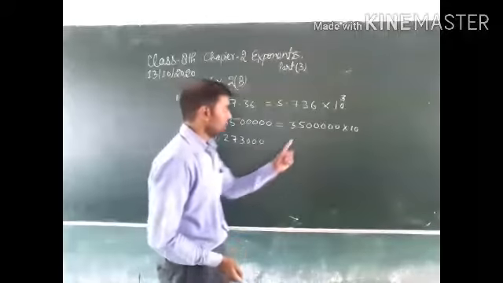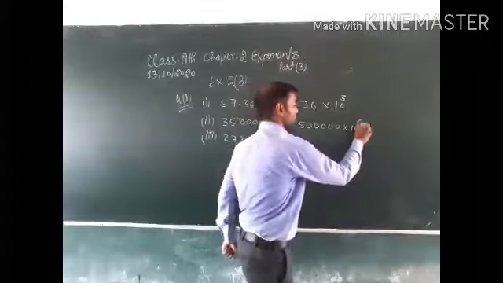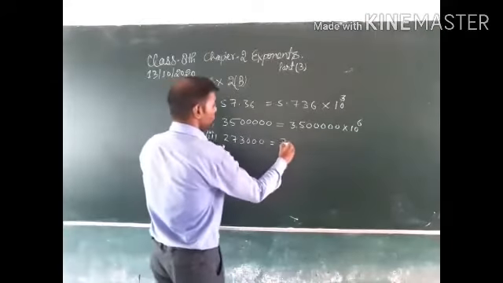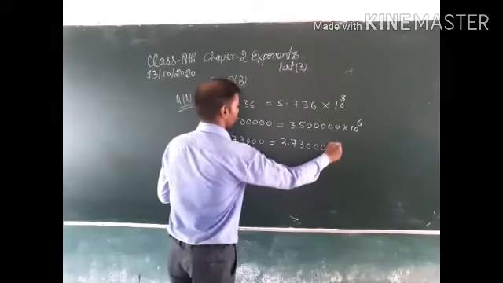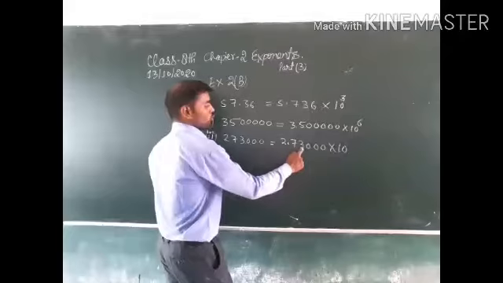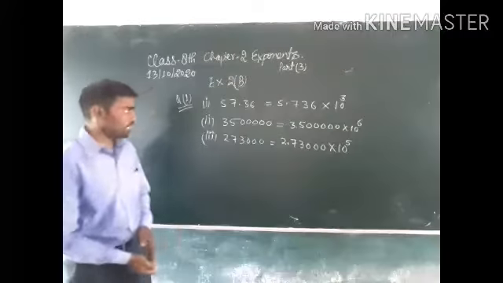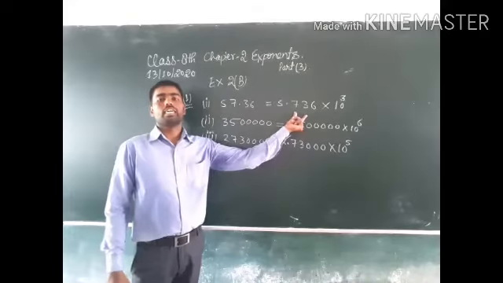Count the places: 1, 2, 3, 4, 5, 6. So 10 to the power 6. Similarly, 2.7300 into 10 to the power 1, 2, 3, 4, 5. So this is 5. So this is the procedure that we can write a given number into its standard form.